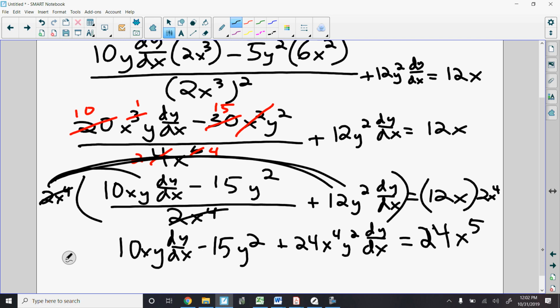Okay. Now, I see two dy dx's. They're both on the same side of the equal sign, and they're both positive, so I'm going to leave them be. I'm going to add over the 15y squared, factor and divide.